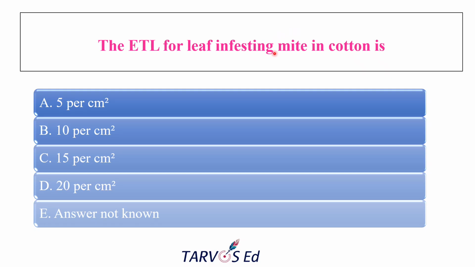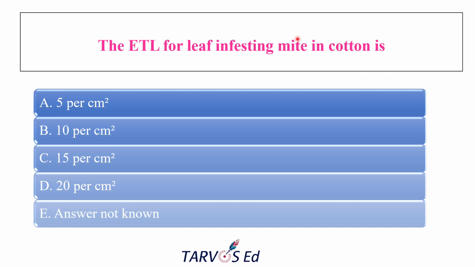Here the leaf infesting mite in cotton usually refers to Tetranychus urticae, the two-spotted spider mite, usually seen in cotton. The red spider mite, Tetranychus cinnabarinus, also comes. They generally feed on the underside of the cotton leaf, causing yellowing and eventually leaf drop.